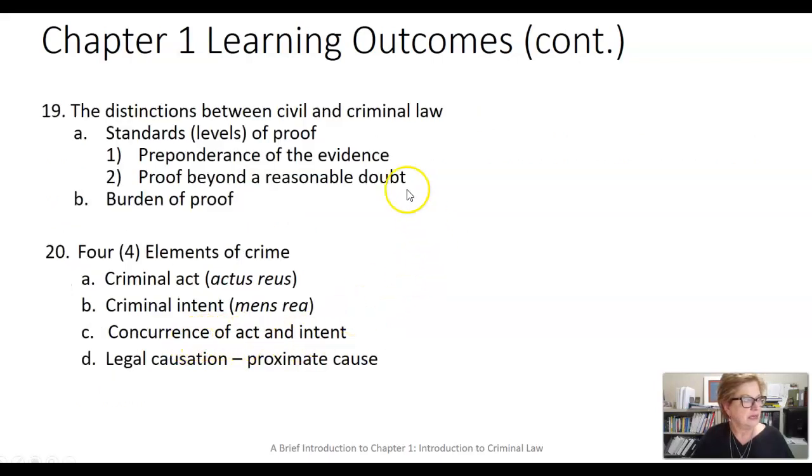Then we will look at the distinctions between civil and criminal law. There are important distinctions. Certainly the standards or levels of proof we'll spend some time on, the level of proof that needs to be brought forward to convince a judge in the case of a bench trial or a jury in the case of a jury trial. In a civil case it is preponderance of the evidence. It's about 50-50 and a plus an eyelash.